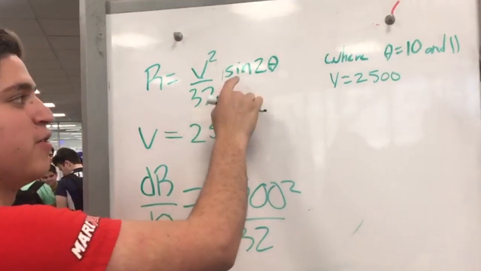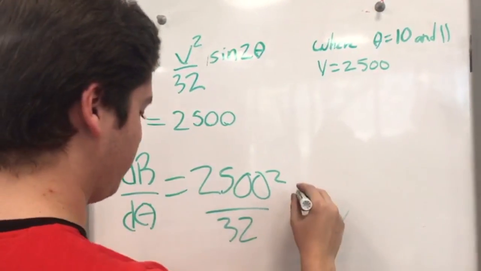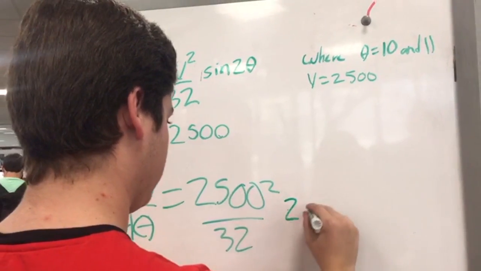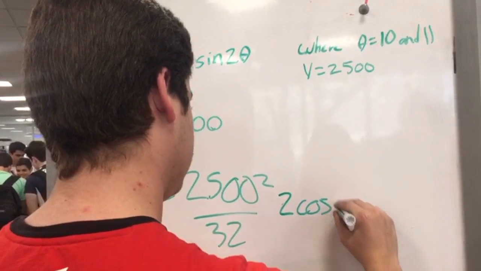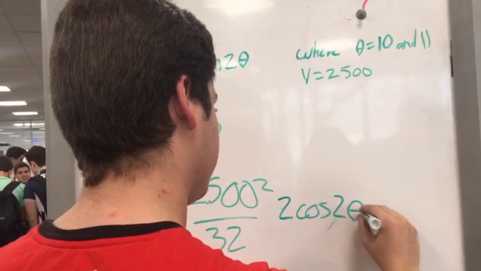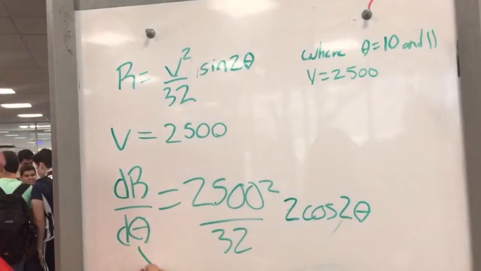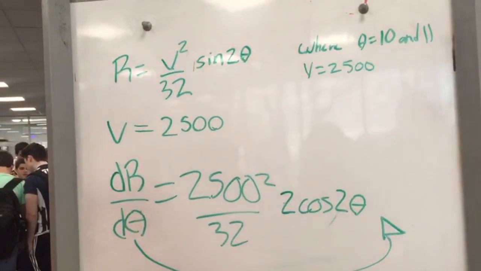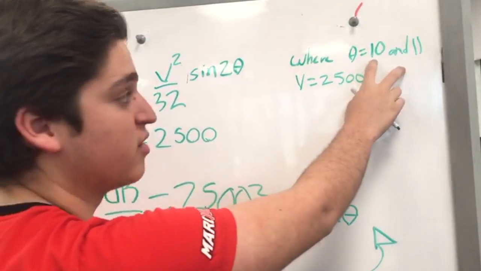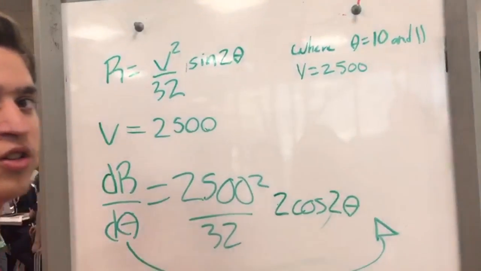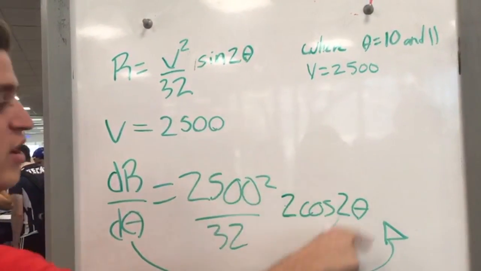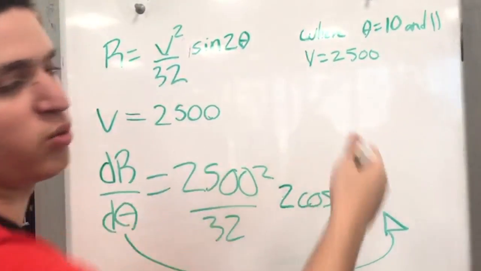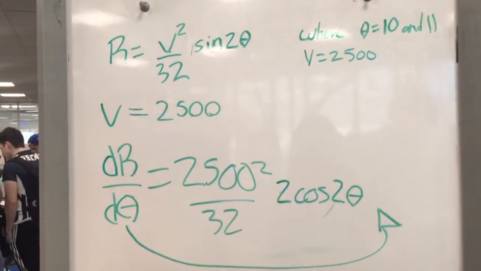The derivative of sin 2 theta is 2 cos theta. We then put d theta to the side to find dr, which will be cancelled by the difference of these two thetas, which equals 1. So we should multiply this whole thing by the difference, which is 1. That will give us the same answer.